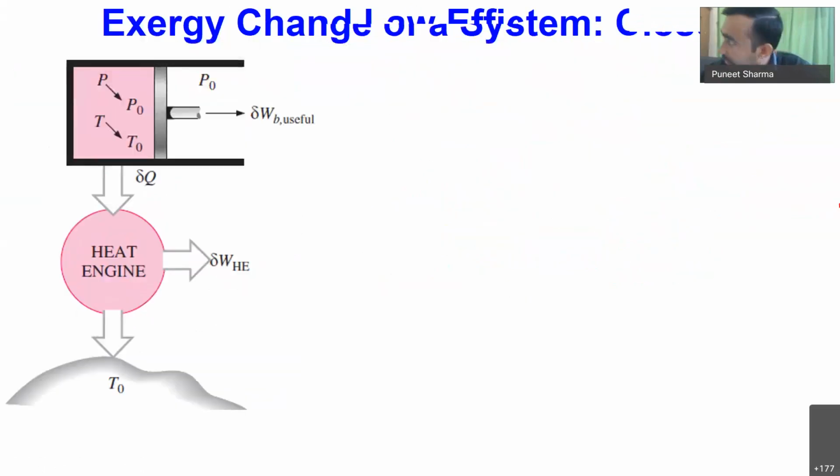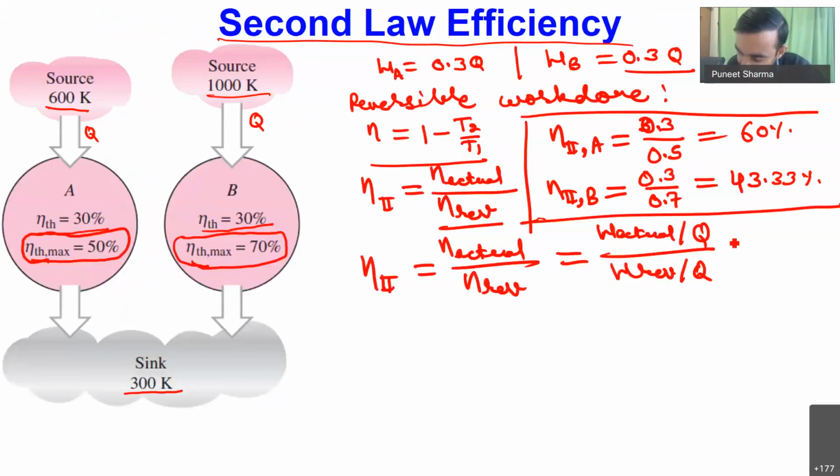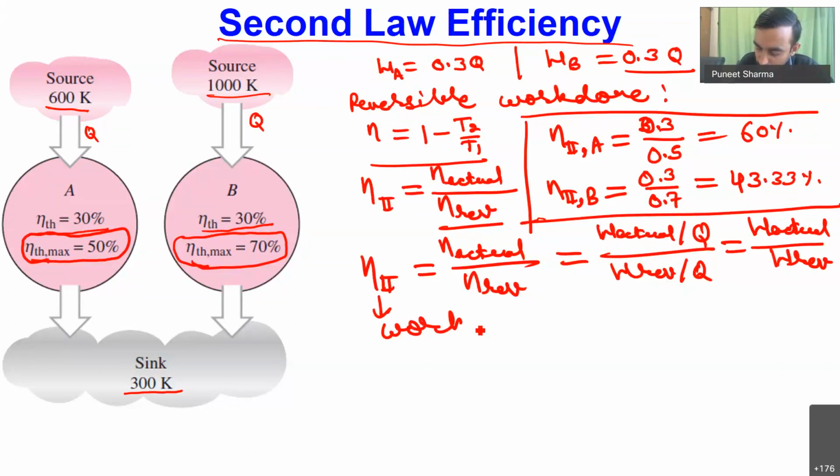So from here you can see that our second law efficiency will be equal to W actual divided by W reversible. This is the formulation of second law efficiency for work producing devices.